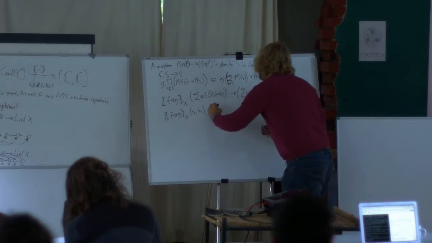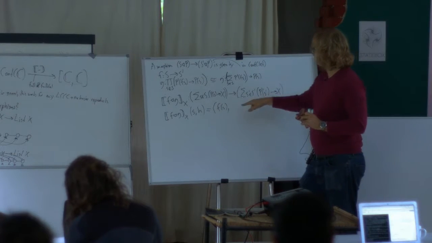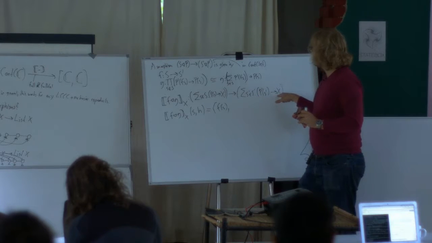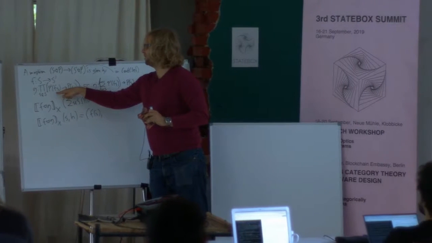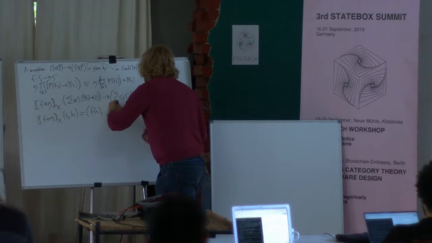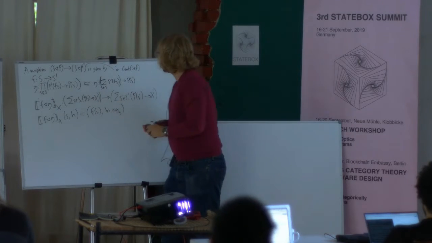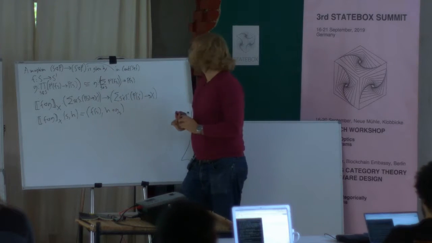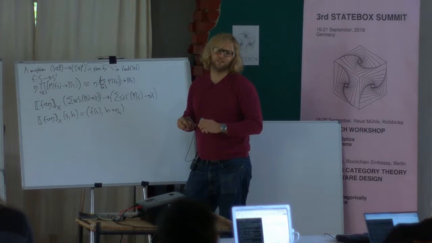So I can give f of s as my shape, and now I need to give a function from P prime of this shape into x, but I have exactly the g that turns P prime of new shapes into old shapes, if I start with that, g of s, and my h, which takes me into x. So I've given myself exactly the data I need in order to define a natural transformation.